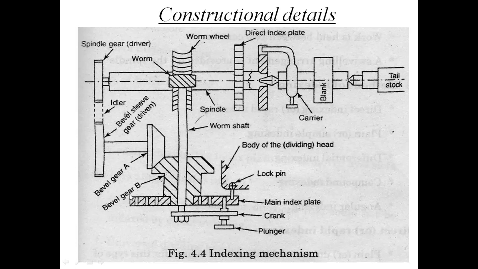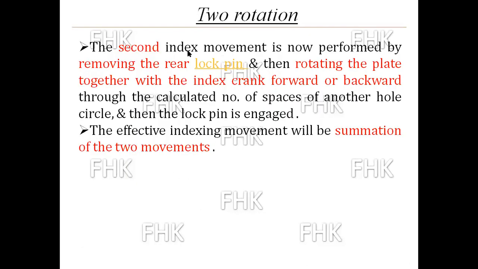This complete assembly you will rotate in the second movement. So the second index movement is performed by removing the rear lock pin and then rotating the plate together with the index crank, forward or backward, to the calculated number of spaces on another whole circle, and then the lock pin is engaged.